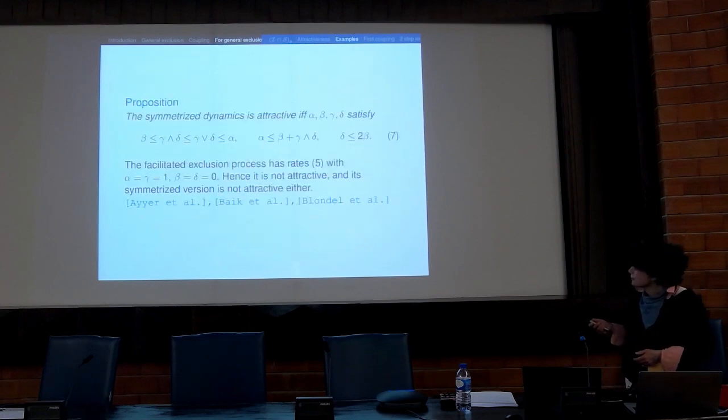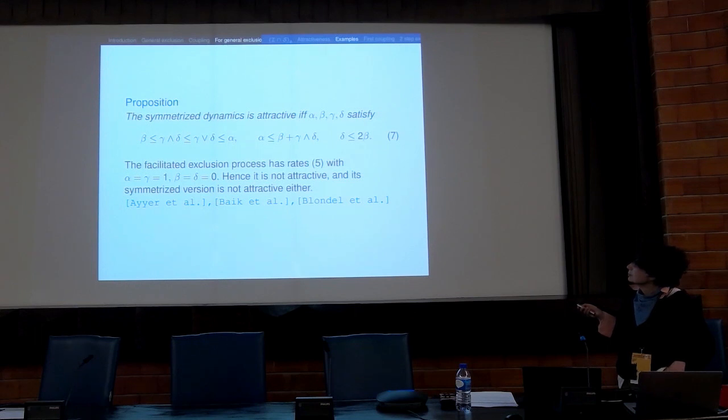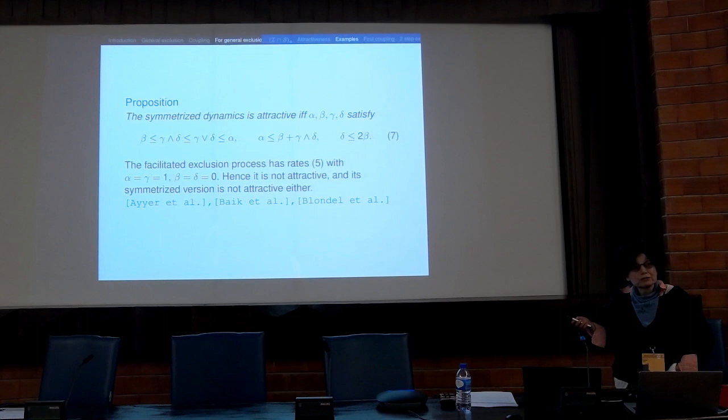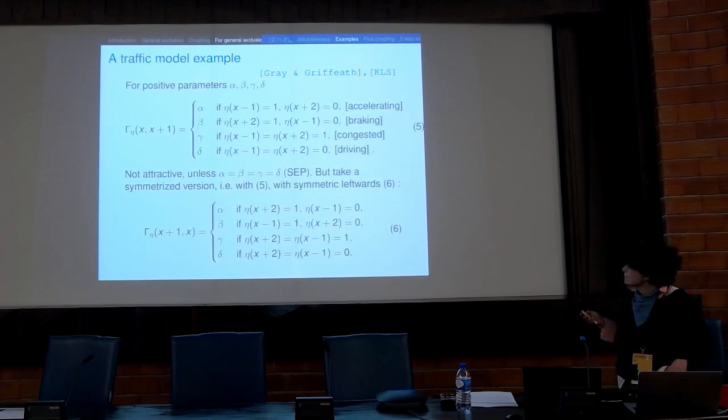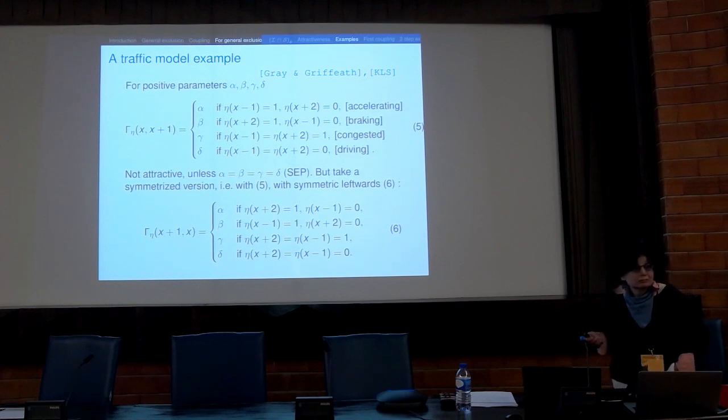So what you call congestion there would be a jump of rate 2, because it's exclusion between x and x plus 1, but you also look at occupation variable before and after. So it should also be within this class. Yeah, facilitated exclusion is one of the cases.